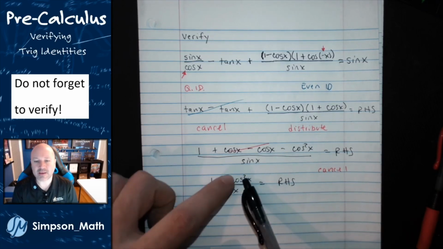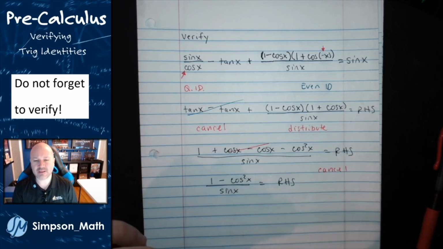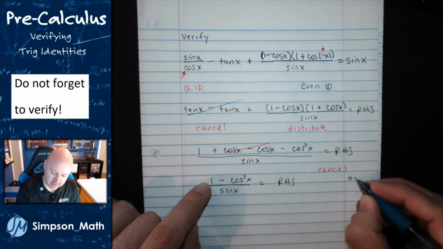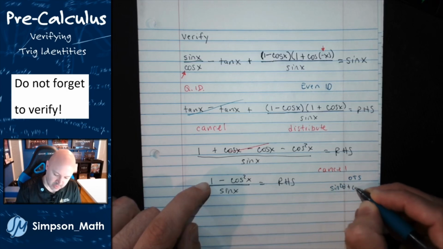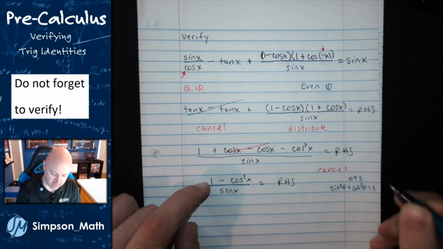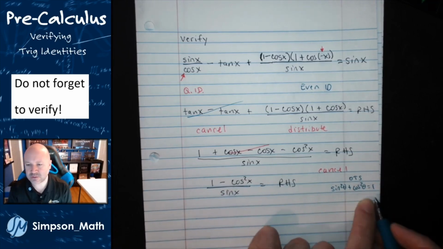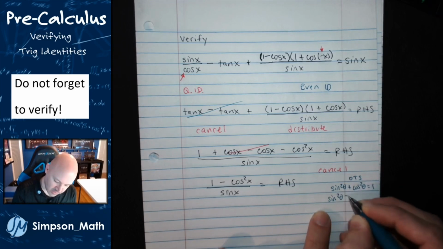Okay, well this is, yeah, I see the square and I see the 1. This has to do with Pythag. It's not quite what Pythag says though. So I'm going to go off to the side and remind myself sine squared theta plus cosine squared theta equals 1. So if I want 1 minus cosine squared, then that's going to be sine squared. Let's see. Sine squared theta plus cosine squared theta equals 1.